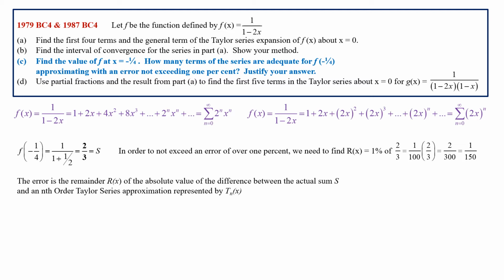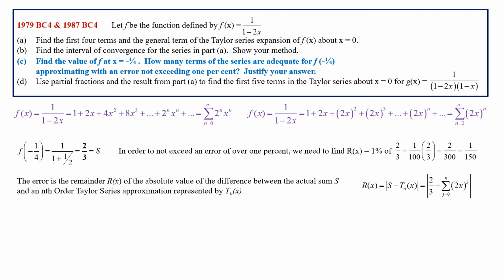And the nth order Taylor series approximation is T sub n of x. Okay, now I'm a little confused, huh? I know sometimes math notation isn't the easiest to follow along, but I think in this case it'll actually make a little bit more sense. R of x is the error. How do we get the error? Well, first off, we only want to look at positive errors, so we're going to put it in absolute value.